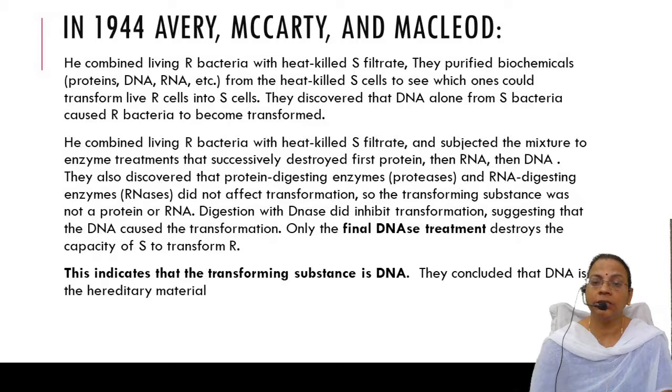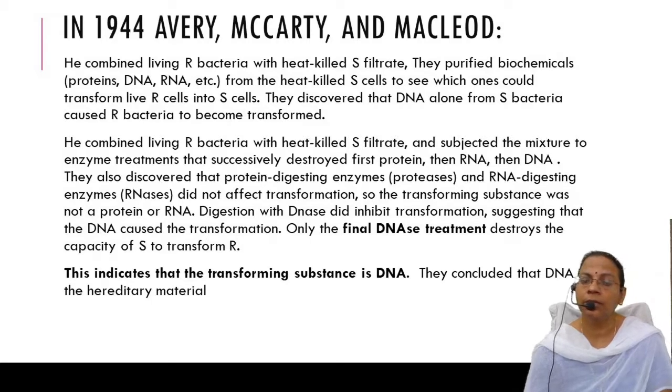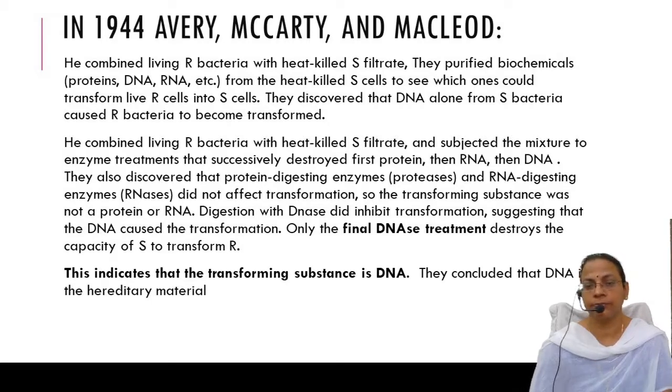They separated each component and injected them separately. In the first step, they took the protein and injected it into a mixture of heat-killed S cells and live R cells. When they injected the protein, they could not show the transformation. The transformation did not take place.